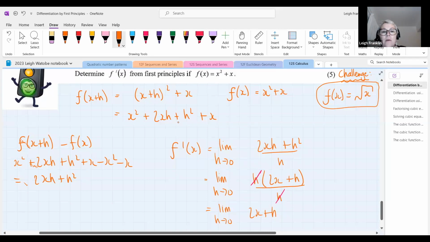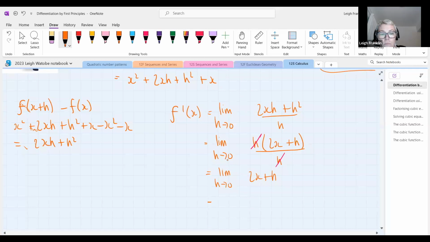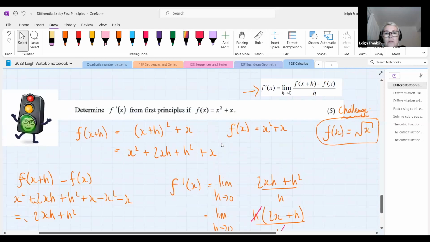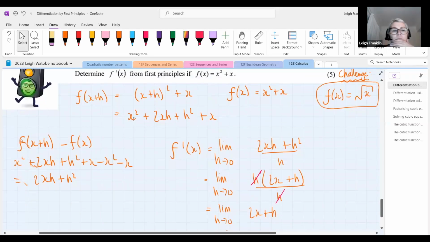Lovely. Keep going. And then we drop the limit and we end up with x only. Thank you, ma'am. Well done. So you ended up with 2x as your answer. Yes, ma'am. I just want to double check that I haven't made any mistakes here.